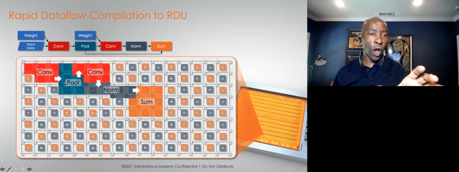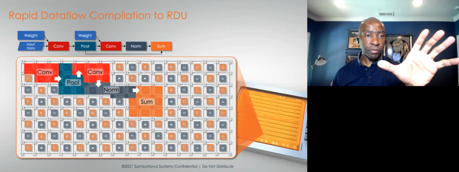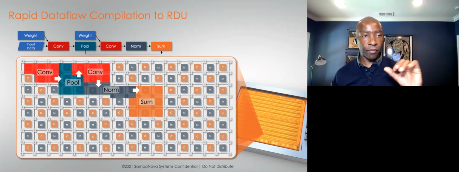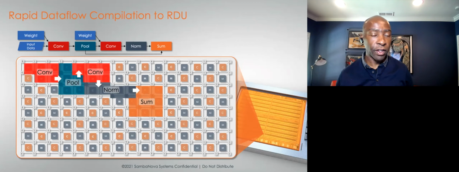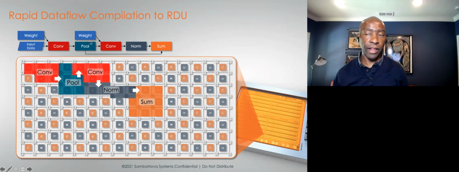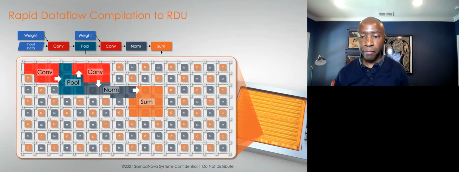And because all the kernels are laid out spatially and executing all the time, you don't have the overhead of initiating a new kernel on the accelerator every time you have to start executing the next kernel. So this has the impact of dramatically reducing the off-chip bandwidth and keeping the utilization of the on-chip compute very high, right?